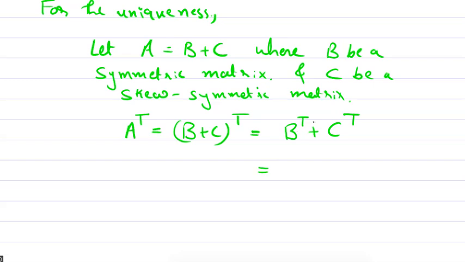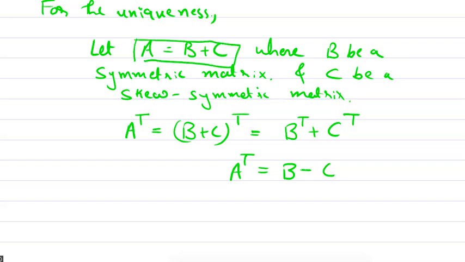But B is a symmetric matrix, so B transpose results in B. And for C, we know C transpose is minus C. So we have A transpose being B minus C, and we have A being B plus C.